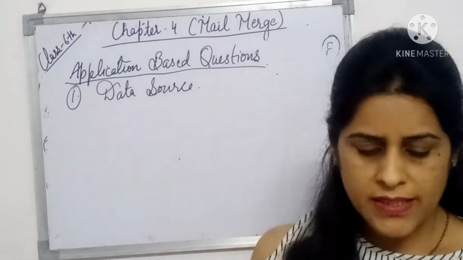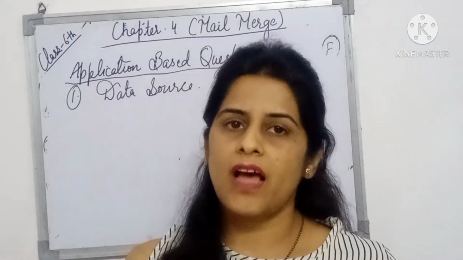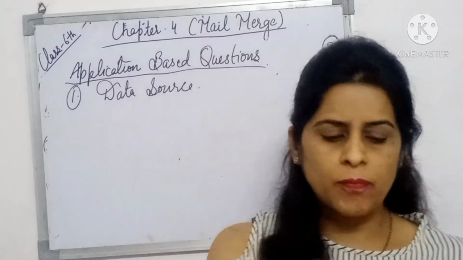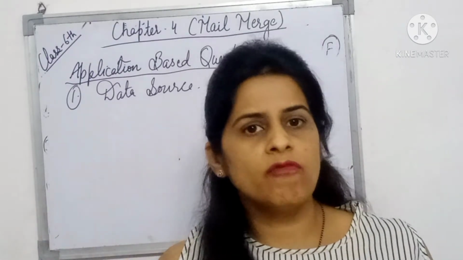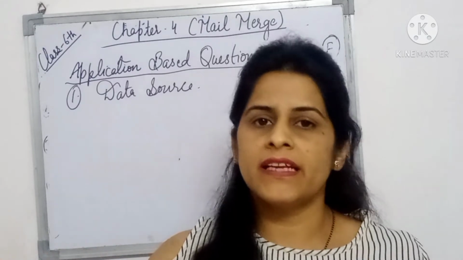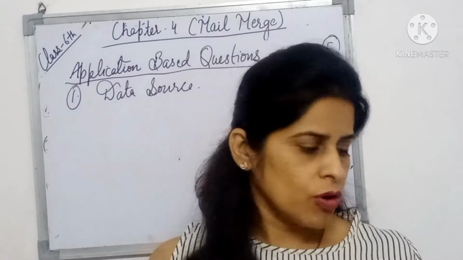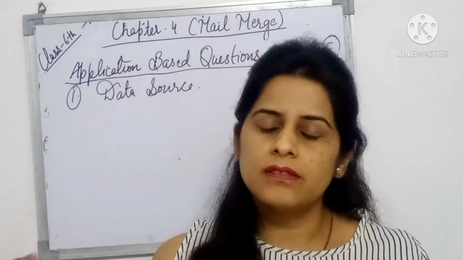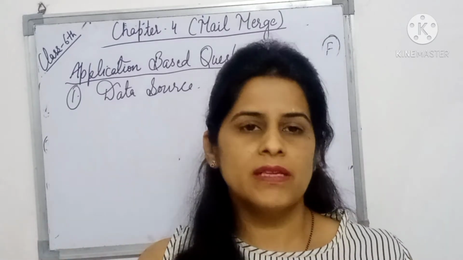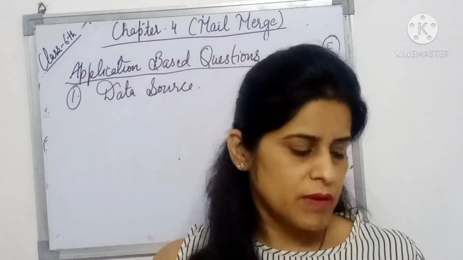Second one is, consider the given figure and answer the following questions. They have given a figure of the mail merge options on the side. That pane which is always open at the right side of the main document, on the right side of your MS Word when you are using the mail merge option.